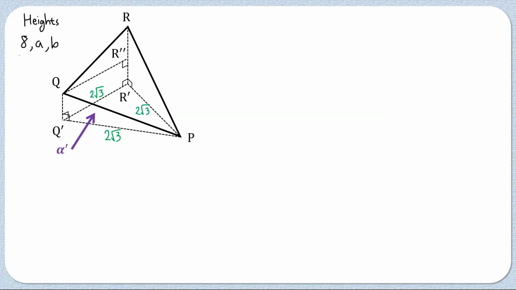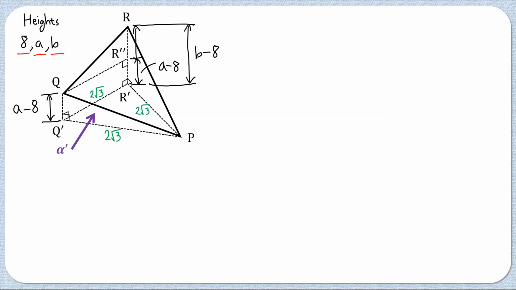The heights of three cylinders are 8, a, and b, which gives length QQ' as a minus 8, hence R'R'' is also a minus 8, and RR' is b minus 8, and RR'' is b minus a. Now we want to use the given condition that triangle QPR is an isosceles triangle.